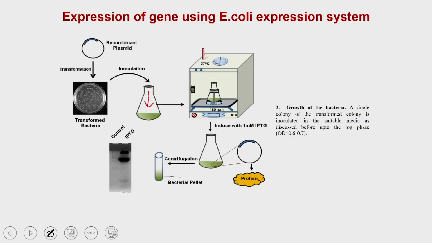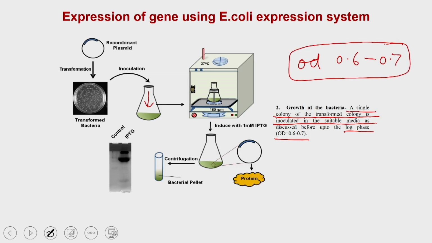A single colony or a few transformed colonies you inoculate into suitable media and let the bacteria grow into the log phase, which is an OD of 0.6 to 0.7. If you remember, we have also discussed how to monitor the growth of these bacteria, and you can put them into a 37 degree incubator with shaking at 180 rpm.